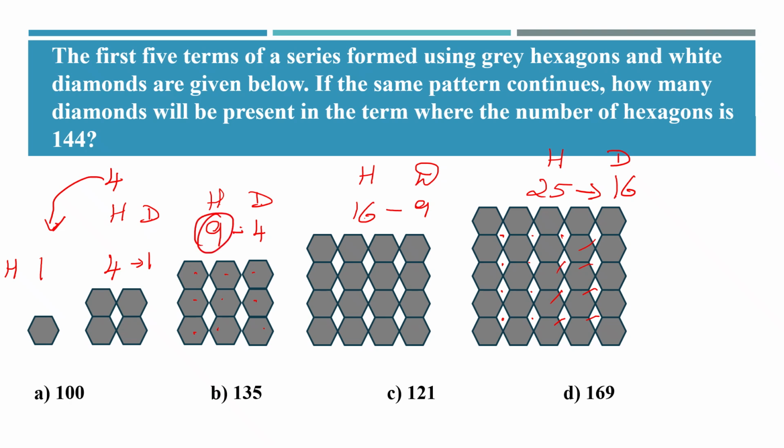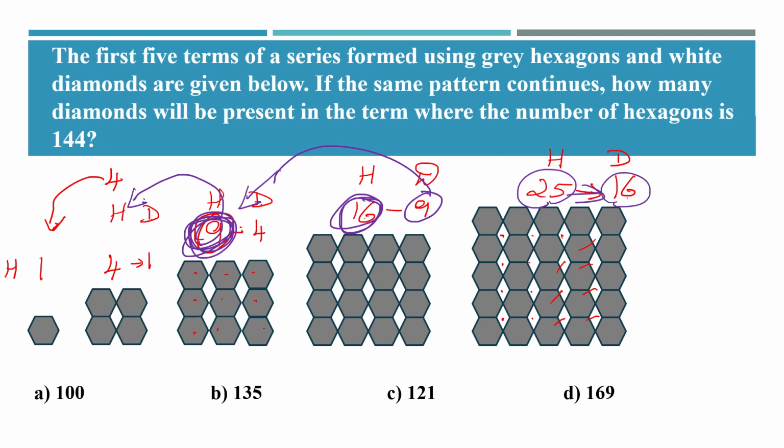If it's 9, the diamond is the previous square number, that's 4. As you see, 16 hexagons, and the diamonds are the previous perfect square. So 25, the previous square number is 16.